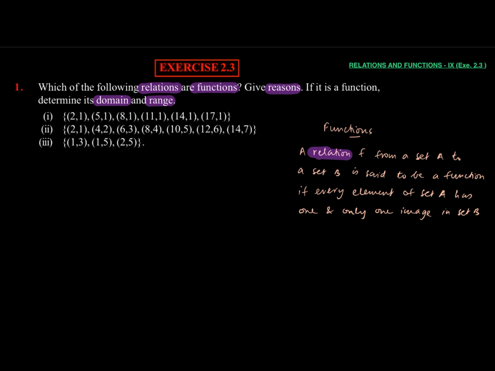It's a special type of relation where every element of set A has one and only one image in set B.